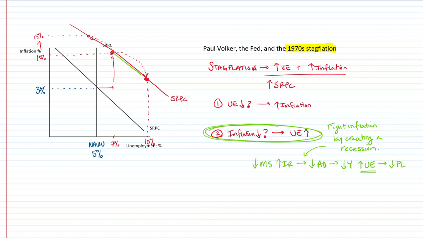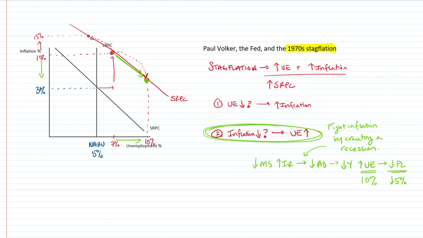So Volcker picked option 2, and he said, I'm going to decrease my inflation rate and increase my unemployment rate. And in fact, in the early 1980s, he pushed unemployment all the way up to about 10%. But in doing so, prices began to drop and the inflation rate came down to around 5%.